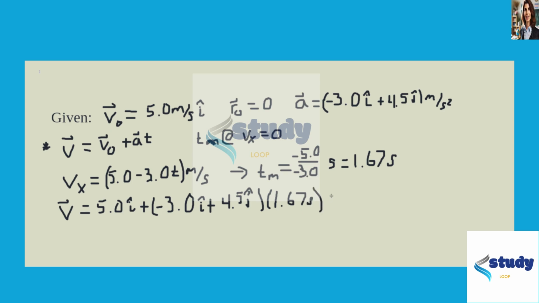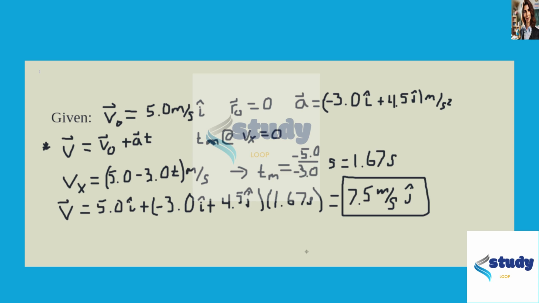Right? And if you carry this out, you will find that the i hats cancel, and you're left with 7.5. And this is meters per second because it's velocity in the j hat direction. Okay, go ahead and box that in.